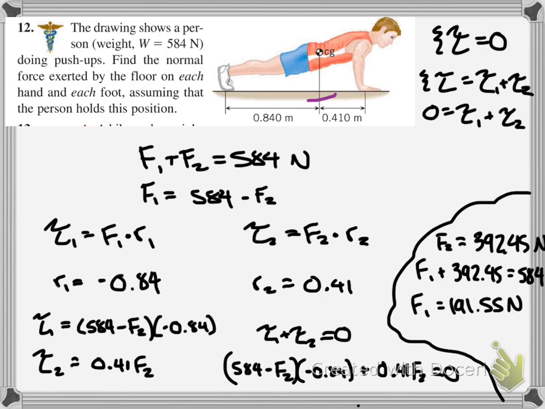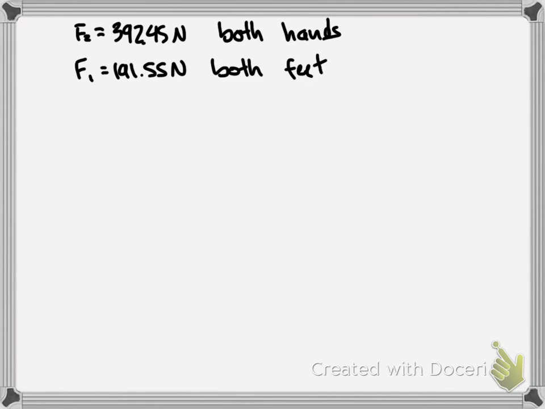The question asks you for each foot and each hand. So now the next step is to separate those forces between their hands and their feet. So we had said that F2 was 392.45 newtons and it represented both hands, and F1 represented 191.55 newtons and it represented both feet.